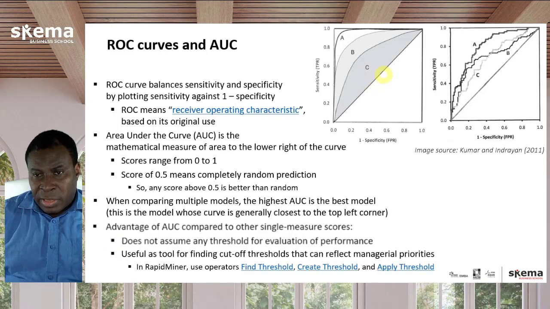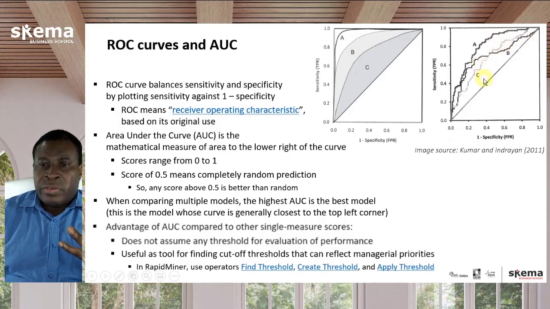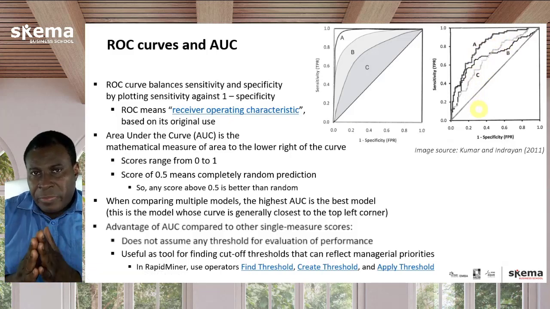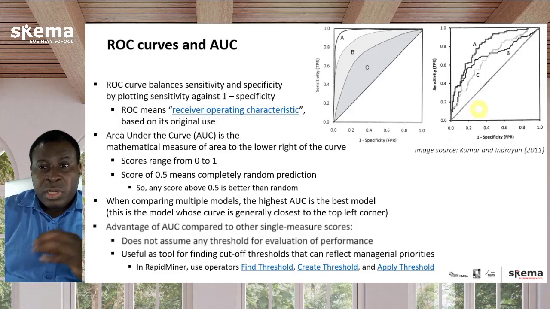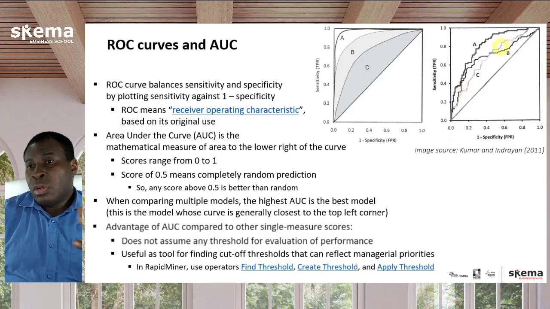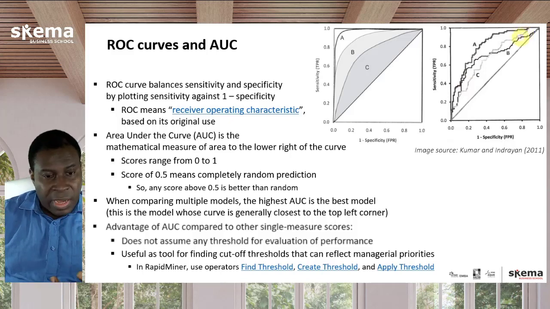One thing that the AUC is very useful for is that at a point where the curve really begins, or maybe here, or maybe around here or here for these curves, it tells where a manager could say that instead of a 50-50 cutoff of true or false, you could say that if it's a 30% chance of being true, we'll call that true because we want to make sure we capture all the trues, or if it's a 20% chance of being false, then we'll call that false because we want to capture all the falses.